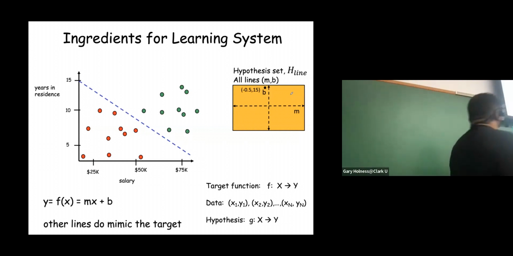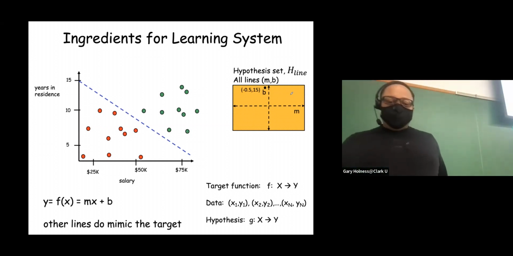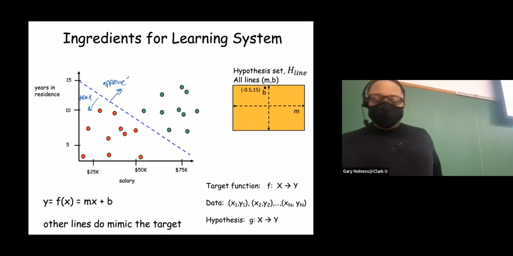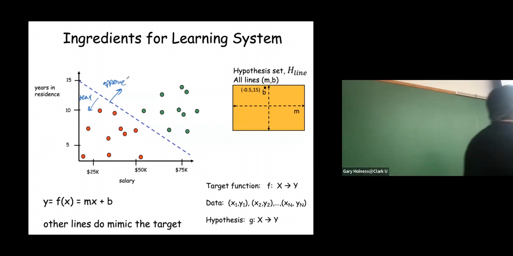Oh, wait a minute. That coincides directly, all right? So if this line in particular had the deny side over here and the approval side of the line over here, then it agrees perfectly with the labeling action of the unknown target function.